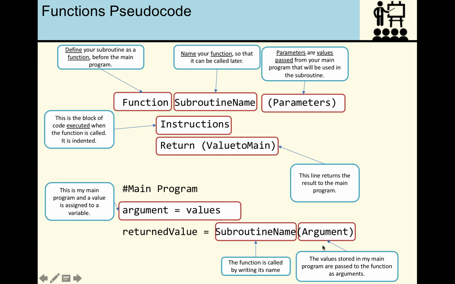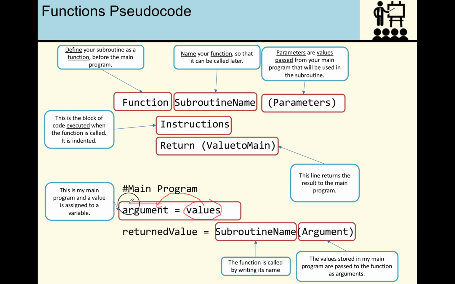In the brackets here, I've actually got arguments. The values stored in my main program are passed to the function as arguments. I'll illustrate what's happening here. I have some values which, as in a normal variable assignment, are assigned to my variable argument.